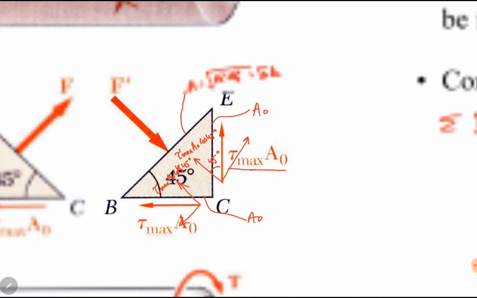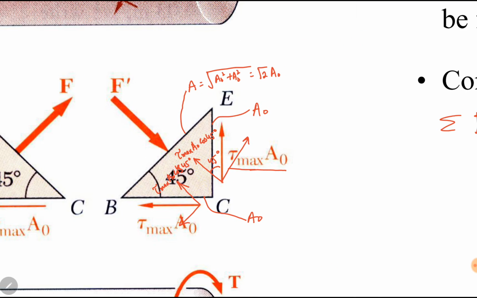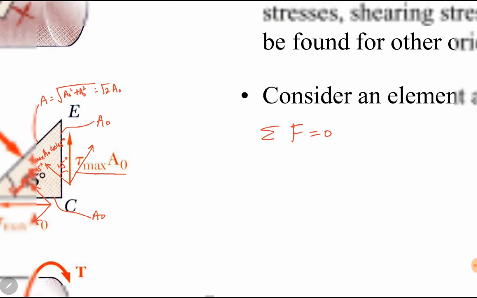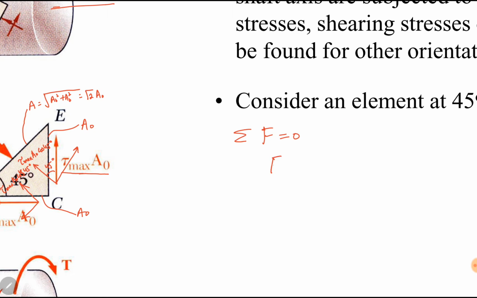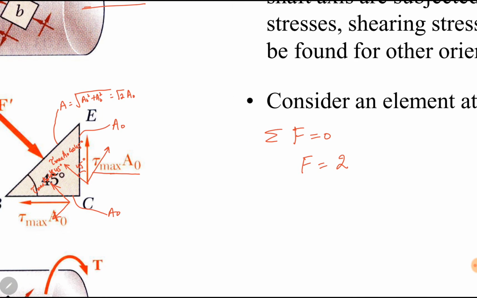The summation of forces: force F' and the forces tau maximum A naught cos 45 are in opposite directions, so we can take opposite signs with them, or take them on opposite sides of the equation. So F is equal to 2 times, there are two forces, tau maximum A naught cos 45.